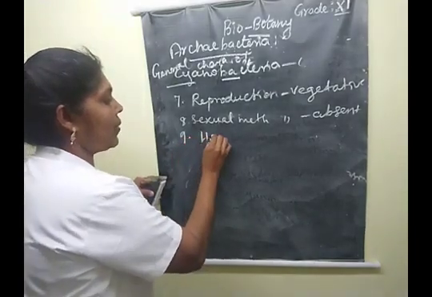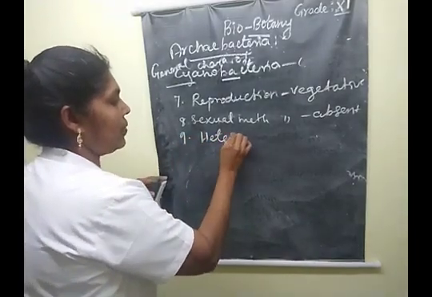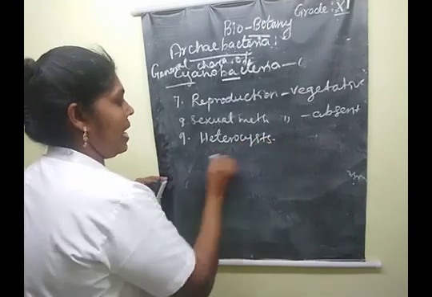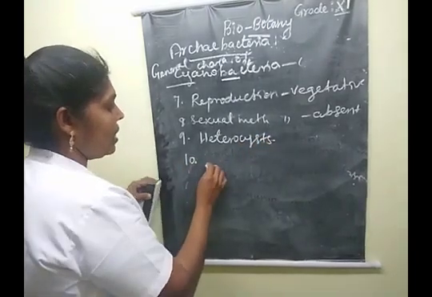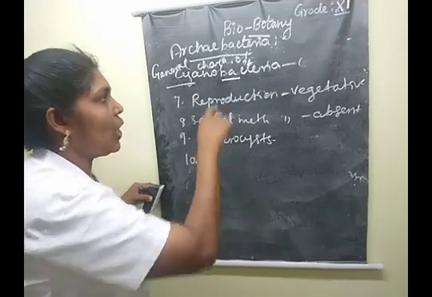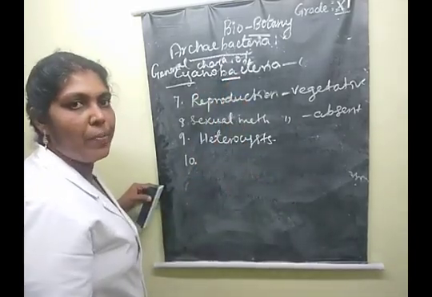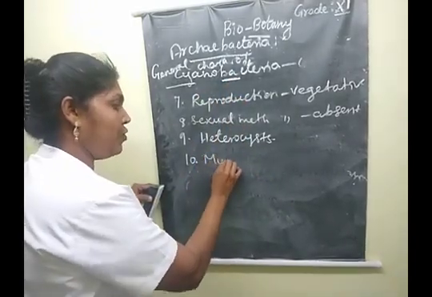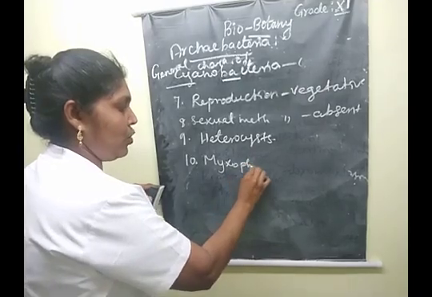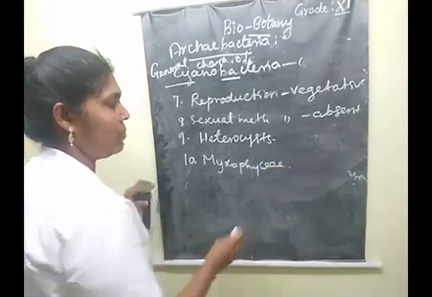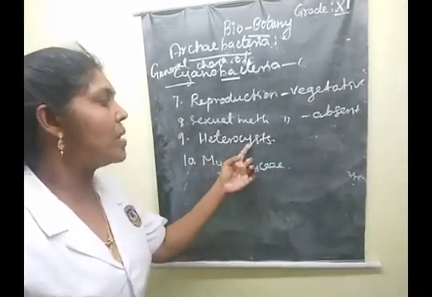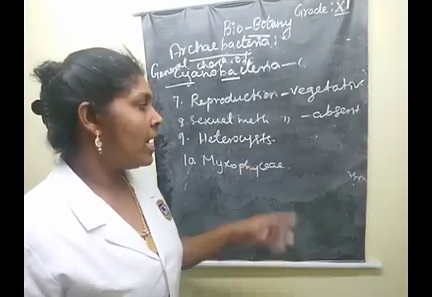One is heterocyst. And the next one is why we are calling the Cyanophyceae members Myxophyceae. The first one: what does heterocyst mean?